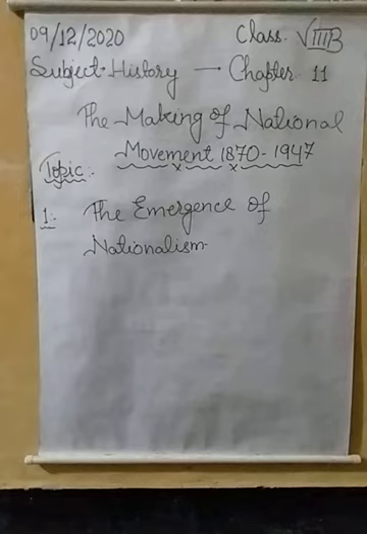In this series, the first reason was the Arms Act, which was passed in 1878. According to this act, Indians were disallowed from possessing arms. The second one was the Vernacular Press Act.